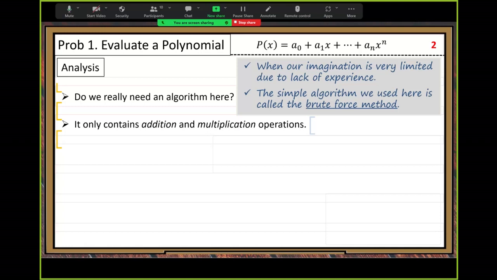The previous slide, the direct, straightforward multiplication and addition operations, so we can find the value of the polynomial. So now, before we do the improvement, our goal is to find a more efficient algorithm.